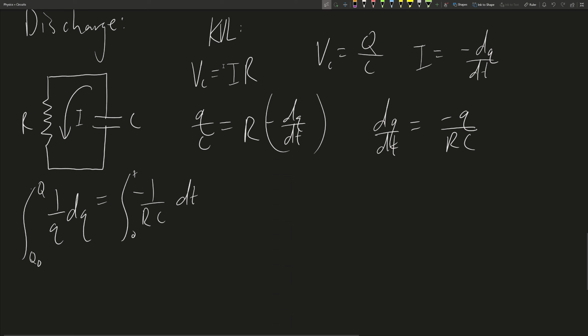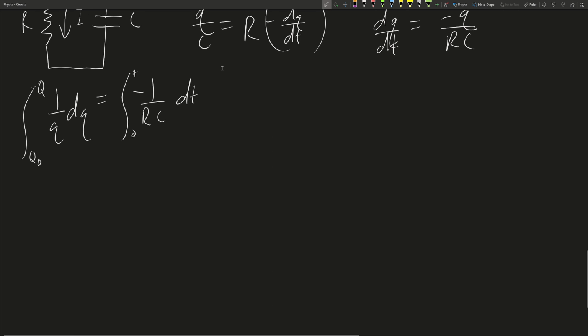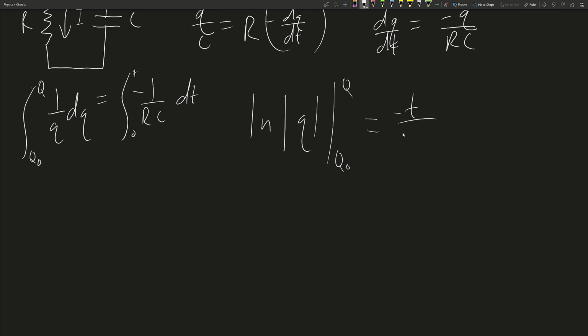Now evaluating these integrals, we get ln of q evaluated from q0 to q is equal to negative t over RC from 0 to t, which is just negative t over RC.